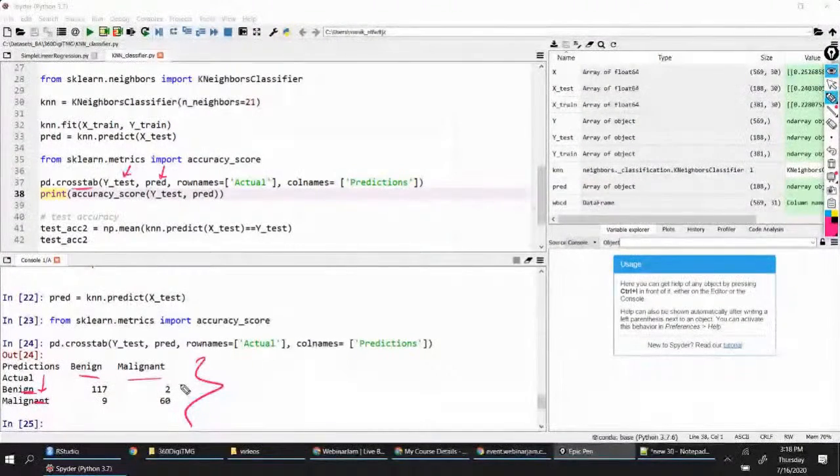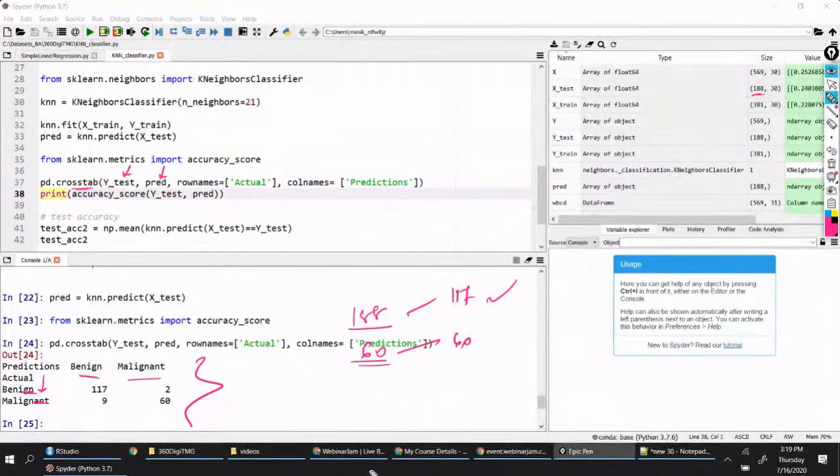So that means out of my total number of observations, which is test data, 188 observations, the model has correctly predicted benign as benign in 117 cases, correct predictions. Similarly, the model is able to identify the malignant cases as malignant, 60 values out of 69 are correctly predicted.